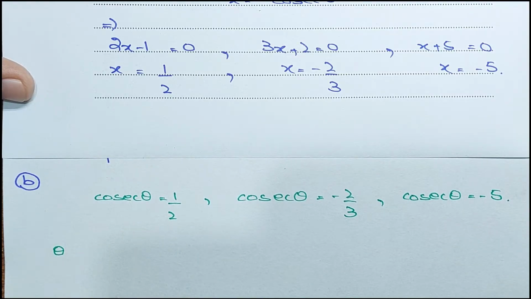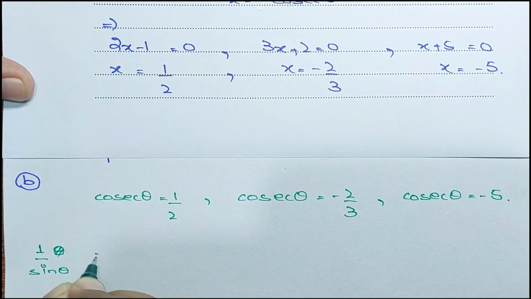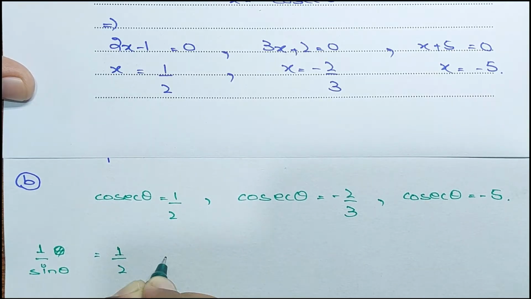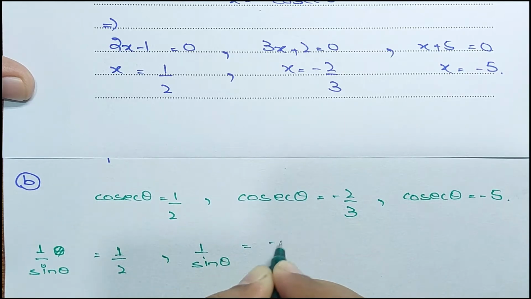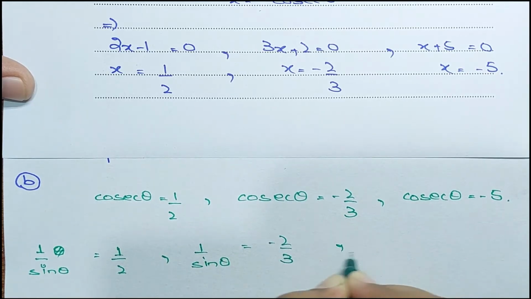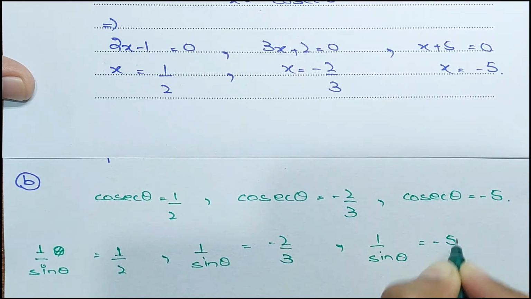Cosecant is basically a reciprocal of sine. Cosecant is 1 over sine. So 1 over sine theta is 1 by 2. And 1 over sine theta is minus 2 by 3. And 1 over sine theta is negative 5.